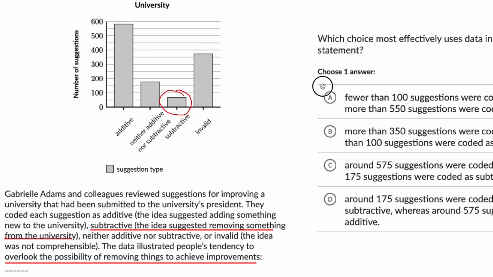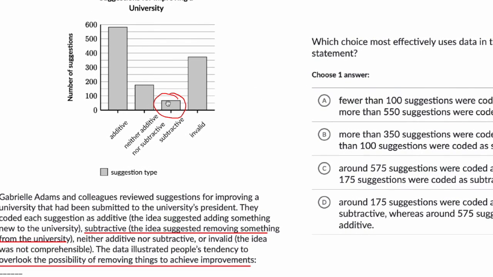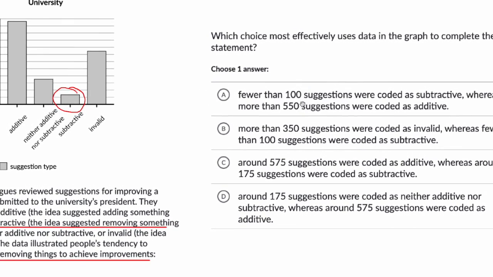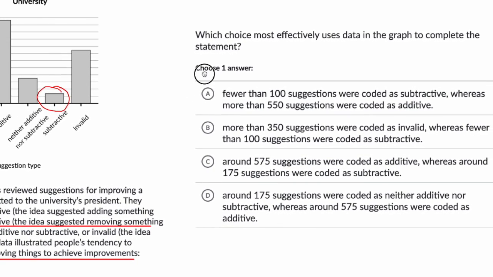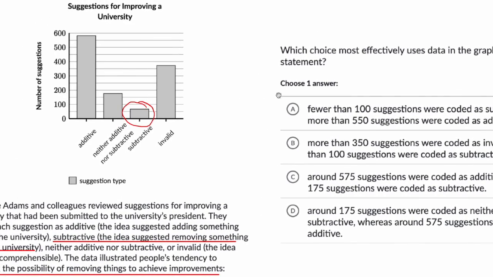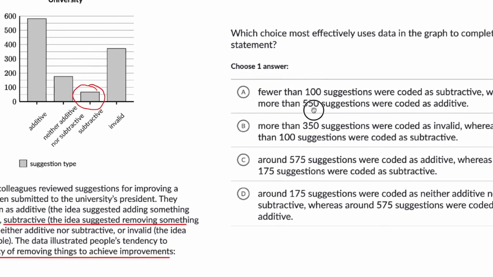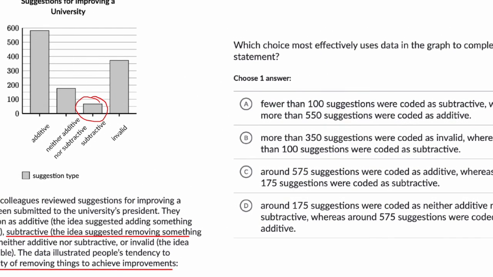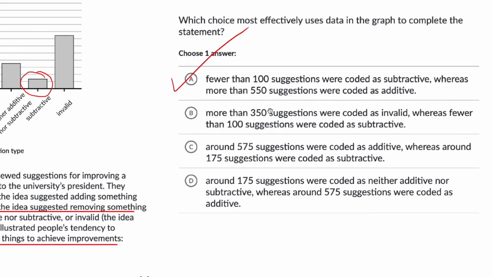We don't really care about the invalid ones. It's really more about subtractive versus additive or neither. So fewer than 100 suggestions were coded as subtractive, correct, whereas more than 500 or 550 were coded as additive.